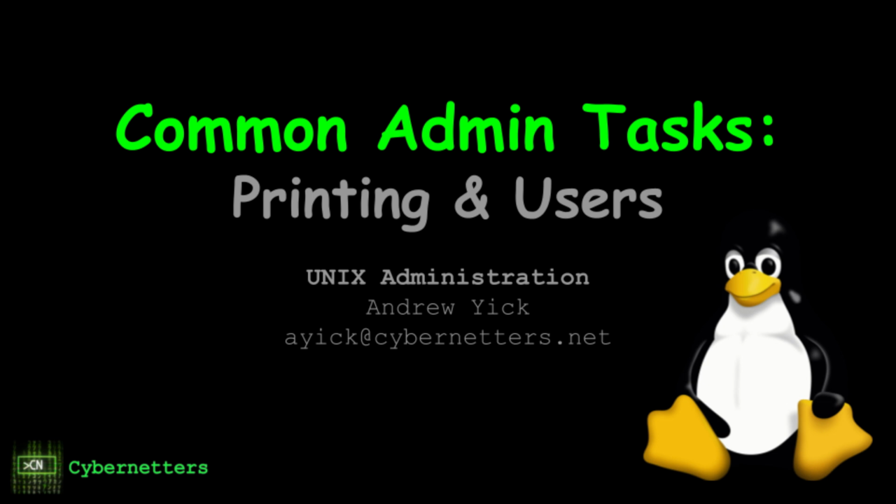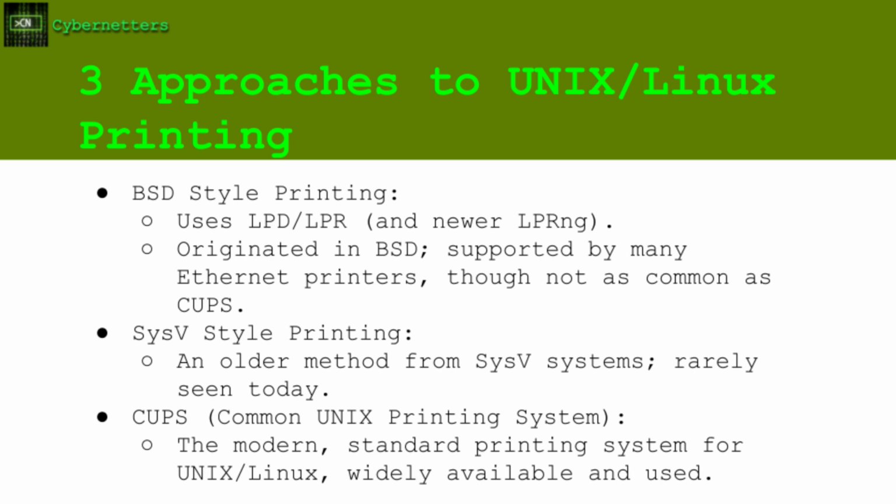So let's get started. In Unix and Linux, there are three main approaches to printing, each with its own history and use cases. First we have the BSD style of printing, which uses LPD and LPR, or its newer version, LPRng.